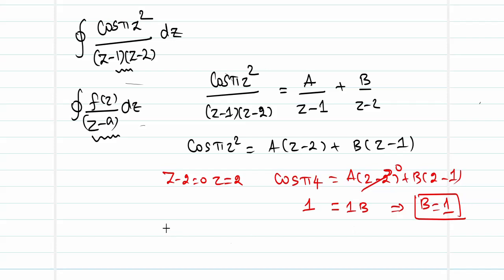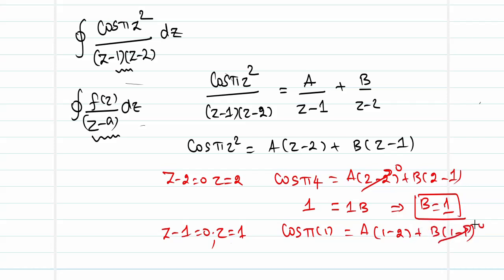How to get the value of A? Replace the remaining factor, z − 1, as 0. So z is taken as 1. When I put z as 1, I will have cos(π·1²), which is cos π, equal to A into (1 − 2) plus B into (1 − 1). So 1 − 1 will become 0.